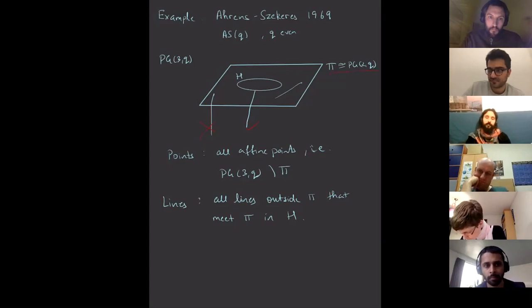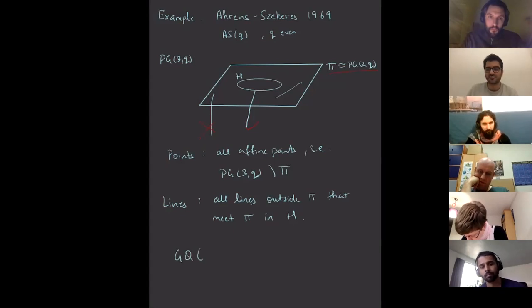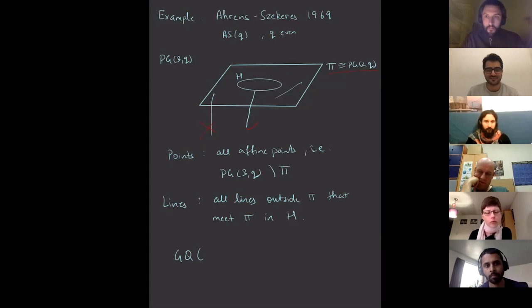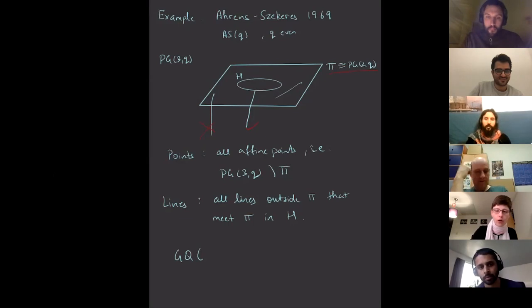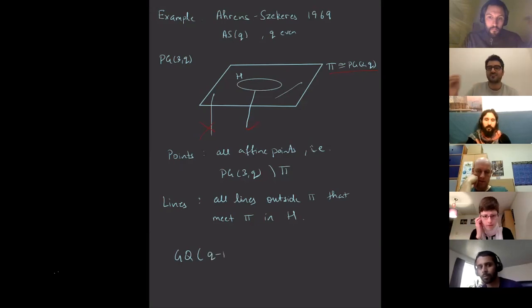That's my claim, that this is a generalized quadrangle of order, let's say, what should be the order? Maybe you can guess. How many points are there on each line? Quickly, if someone can type. q. So there are q points on each line, hence s is q minus 1. We take this s plus 1 business, whatever.